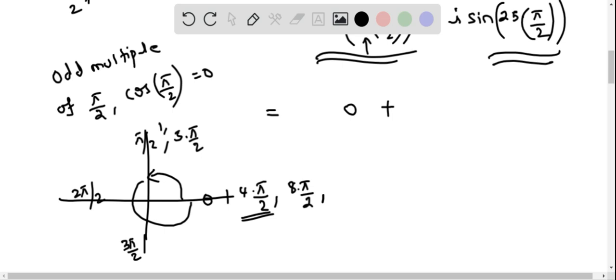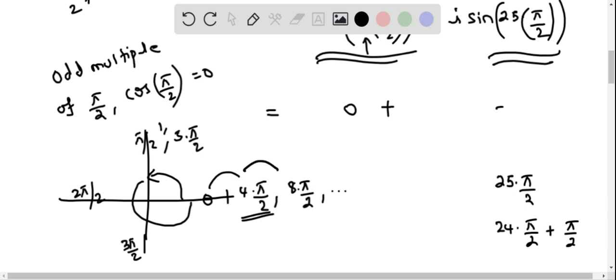So basically, we need to know at what point this 25π/2 comes in, so that we can determine its sine value quite easily. So I can consider this 25 times π/2 as 24 times π/2 plus one more π/2. If you observe here, every time it is getting bigger by 4 times π/2.